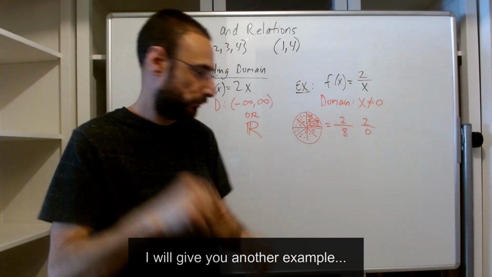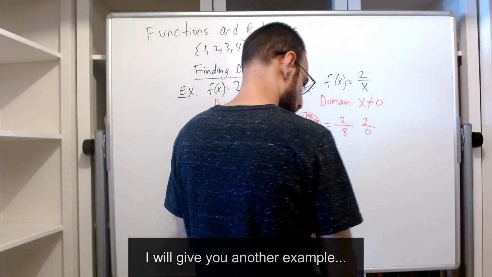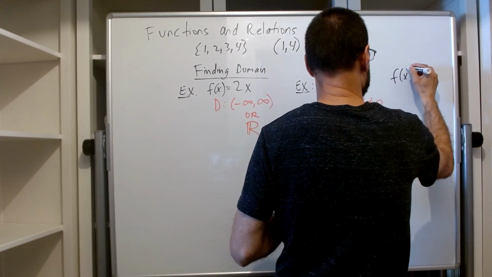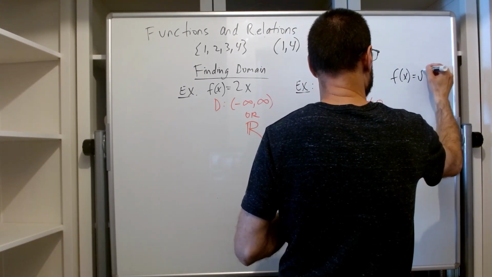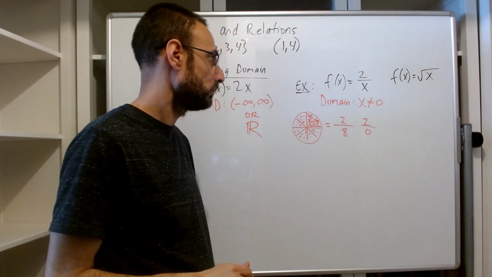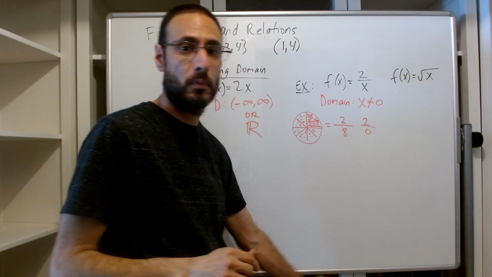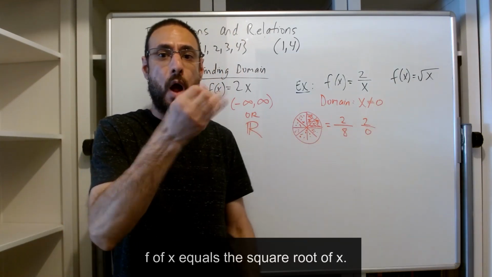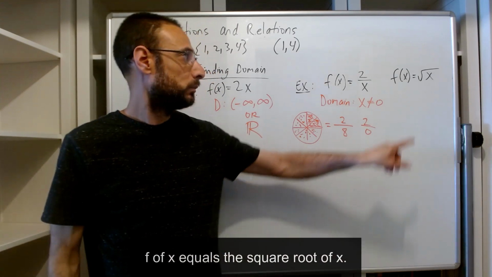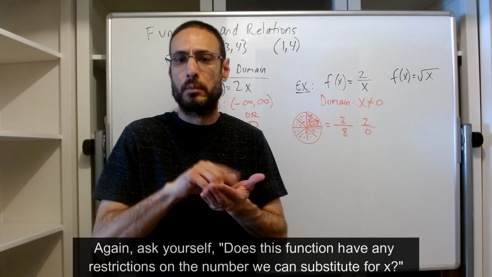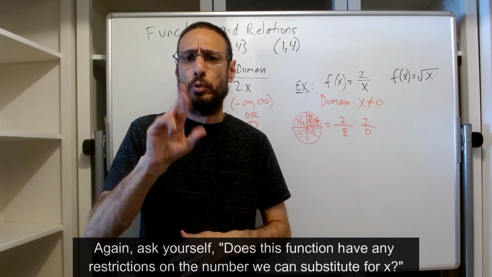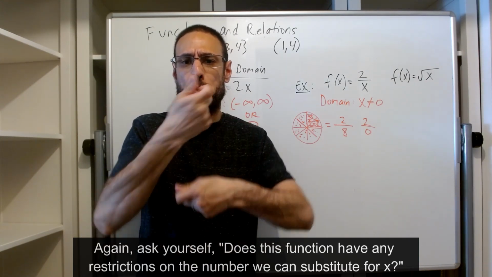I will give you another example. f of x equals the square root of x. Again, ask yourself, does this function have any restrictions on the number we can substitute for x?